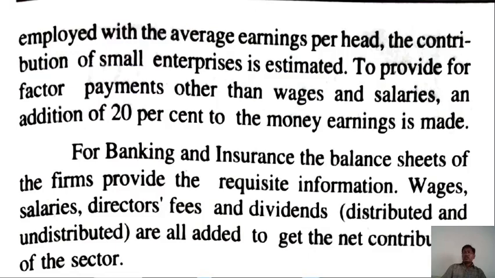For banking and insurance, the balance sheet of the firm provides the requisite information. Wages, salaries, directors' fees, and dividends, distributed and undistributed, are all added to get the net contribution of the sector.